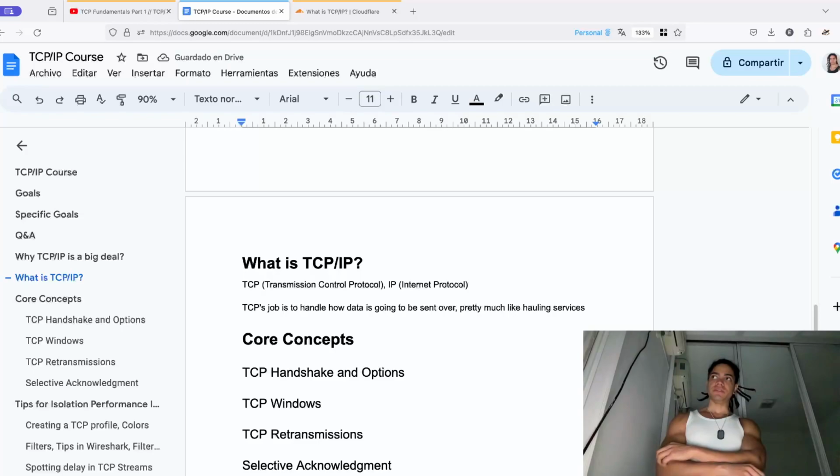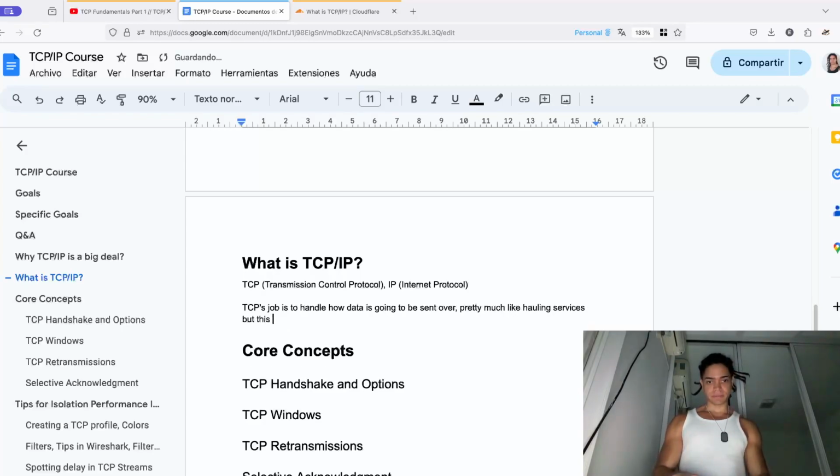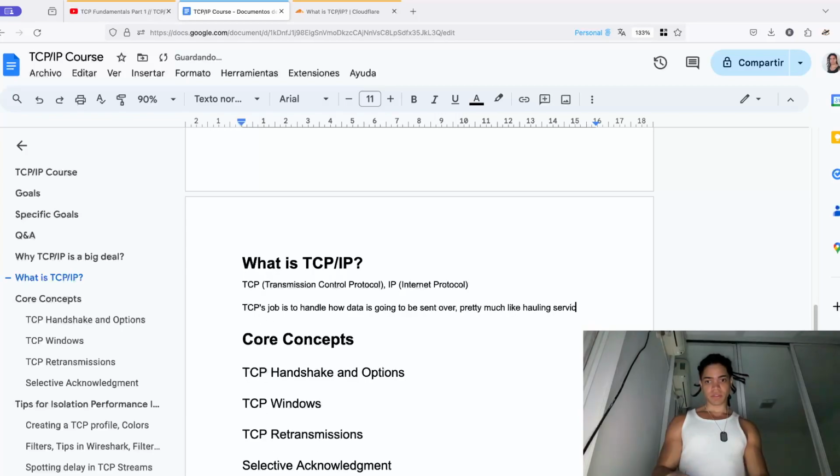They take the content, like some sort of shipping service, and the dispatcher, like field service management.